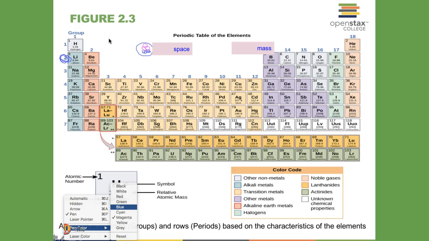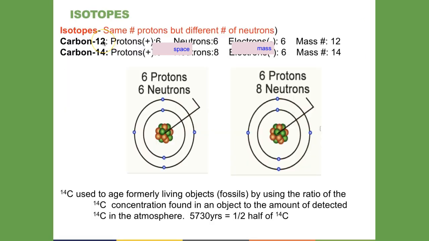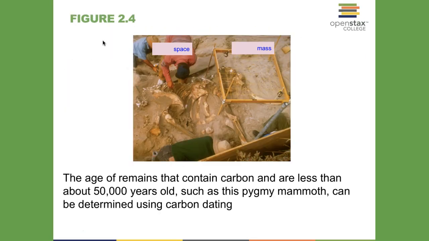So really neat, really cool. But that's what an isotope is. It's an atom that has the same number of protons but a different number of neutrons. Okay. So like I said, this is an example of archaeologists actually using carbon-14 to age the remains of a pygmy mammoth here.